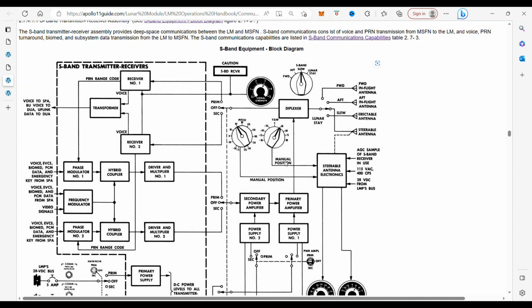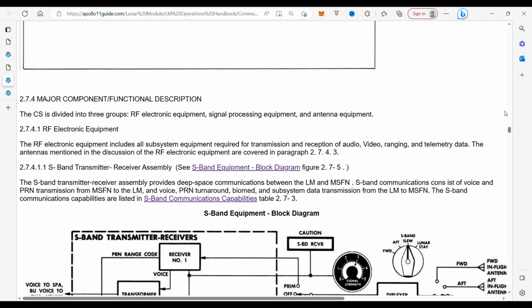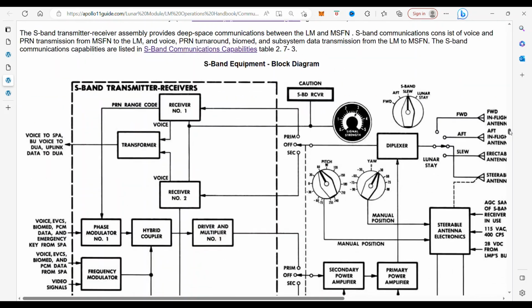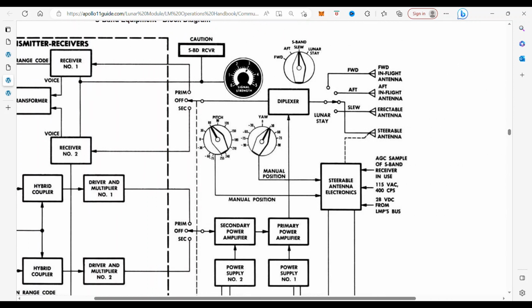It's either going to be in the manual position here for yaw, or it's going to come from over here, which is the AGC sample of S-band receiver in use.